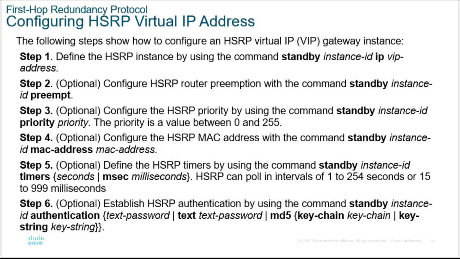So this range can go up to 999 milliseconds for HSRP v2. You can also set authentication for the HSRP routers. So you use an authentication password. And also, if you need to encrypt using MD5, you provide them with a keychain and keystring.